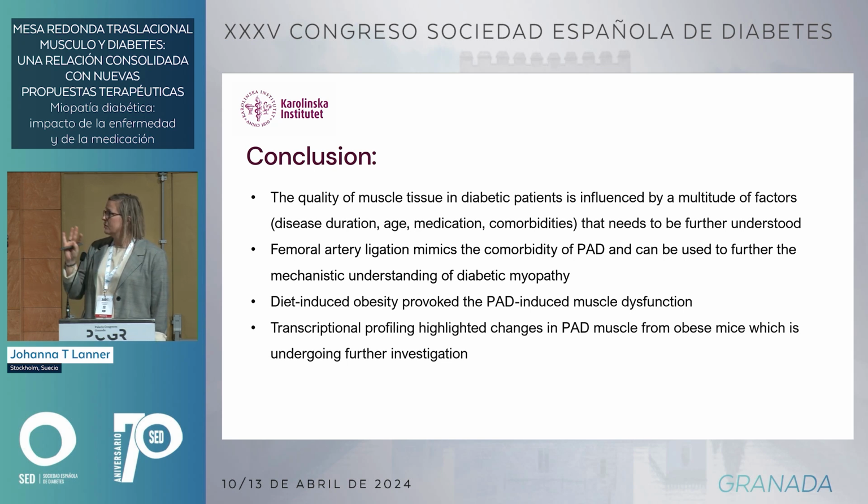What we will continue with, but at least the transcription profiling highlights the changes in PAD muscle from obese mice, which are definitely different to the ones on chow diet or normal diet, but that needs a lot of further investigation.